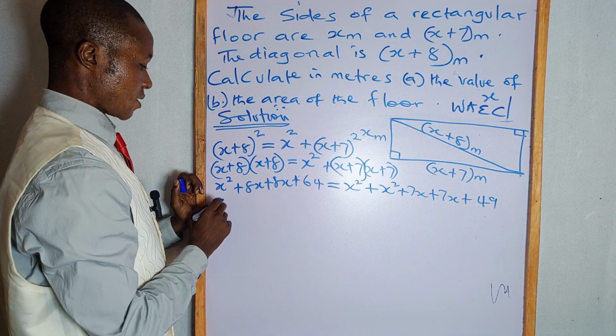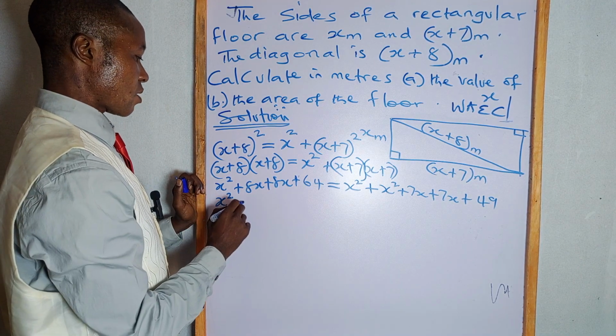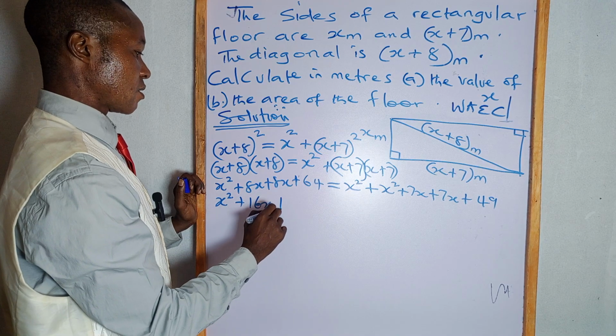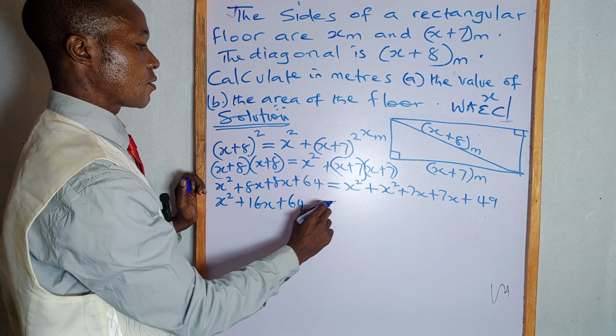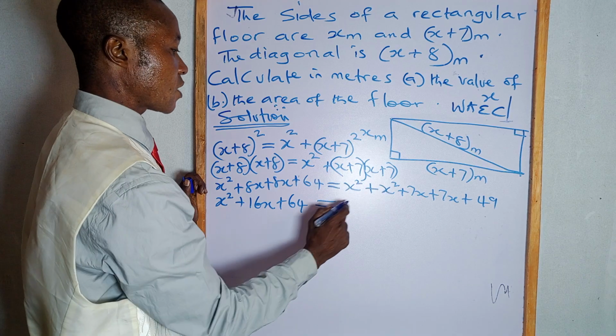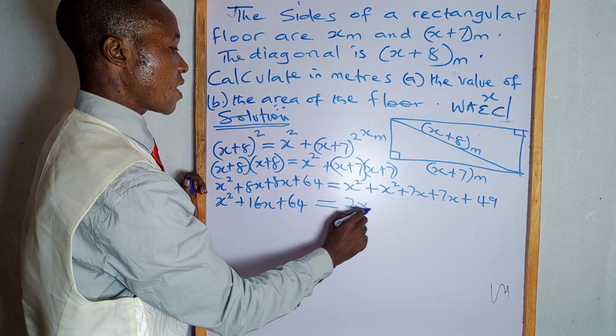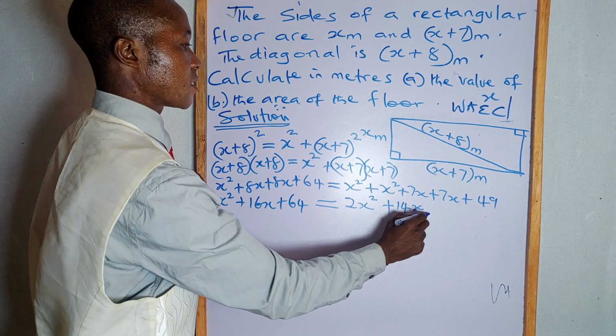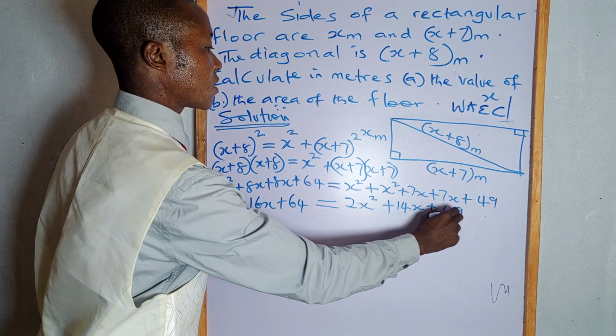Then we write again: x squared plus 16x plus 64 is equal to x squared plus x squared, that is 2x squared, plus 14x plus 49.